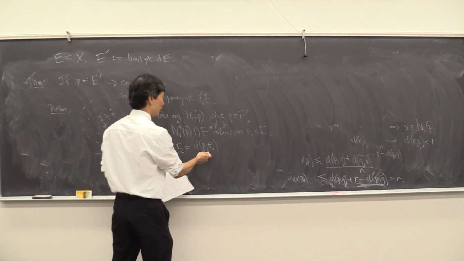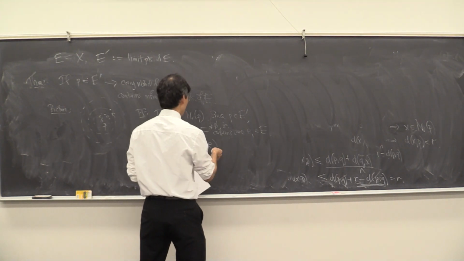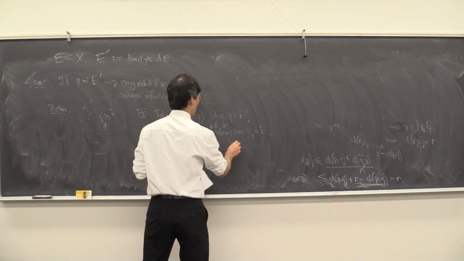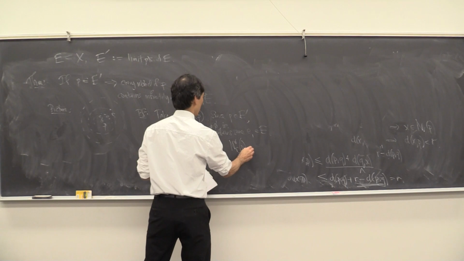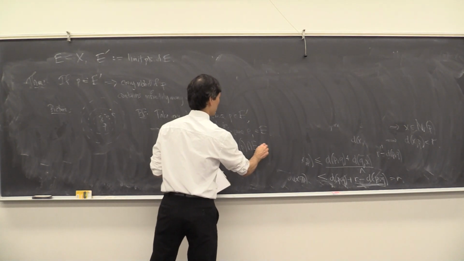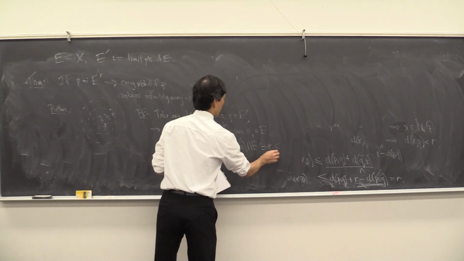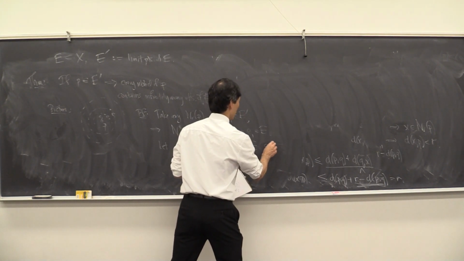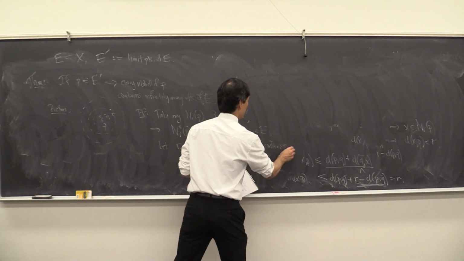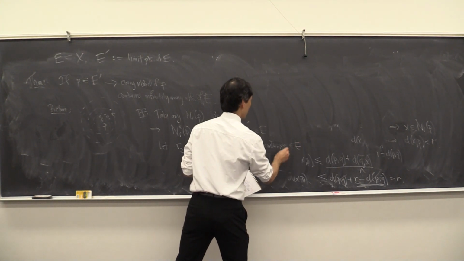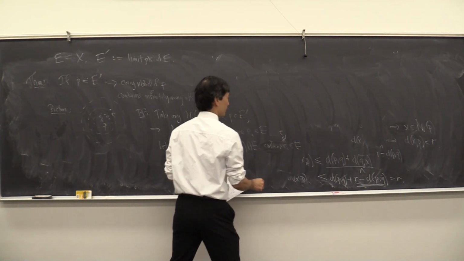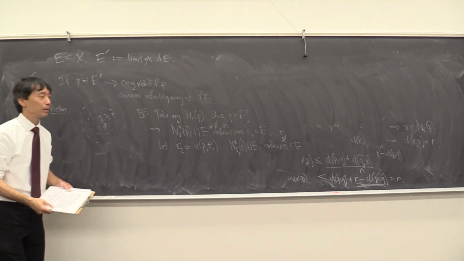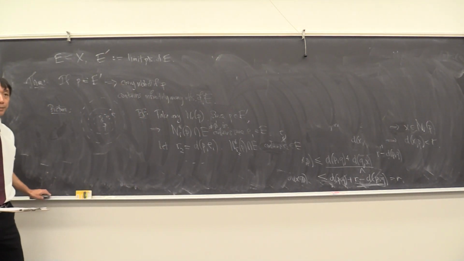Then the R2 punctured neighborhood of P intersect E contains a point E2 that's in E, and E2 is not equal to E1. And then continue. I'm not going to write it all out; you can do it by induction, basically.